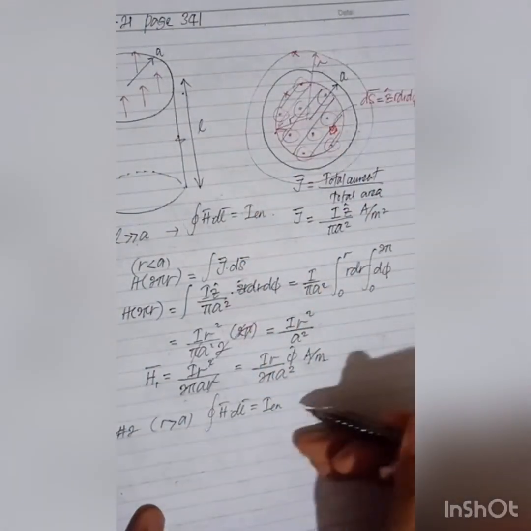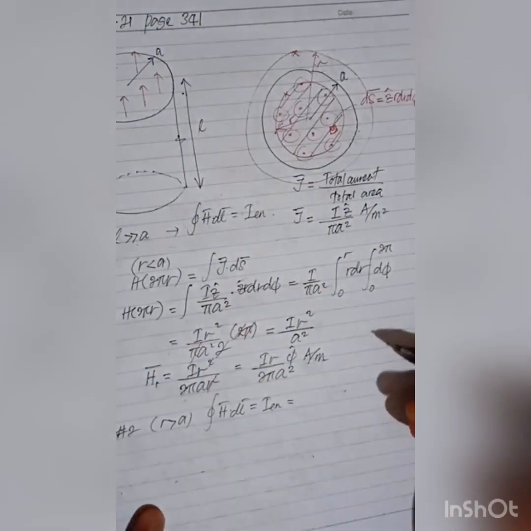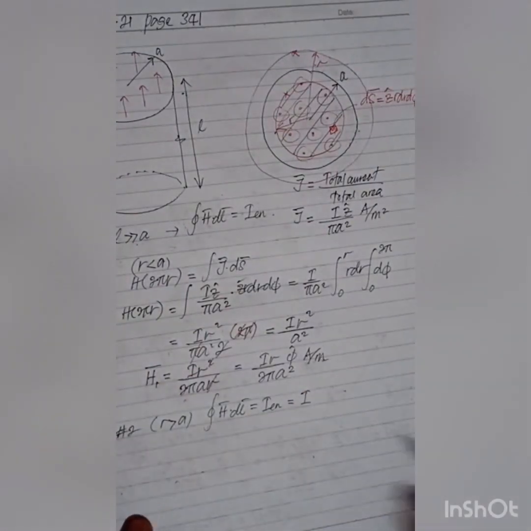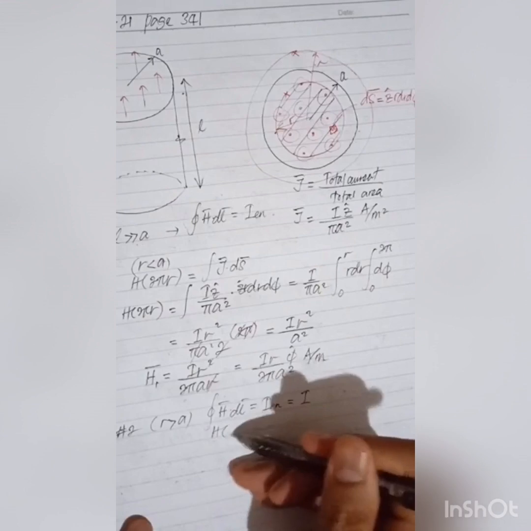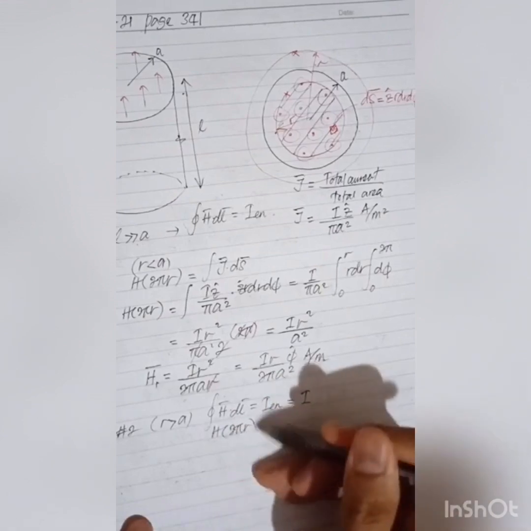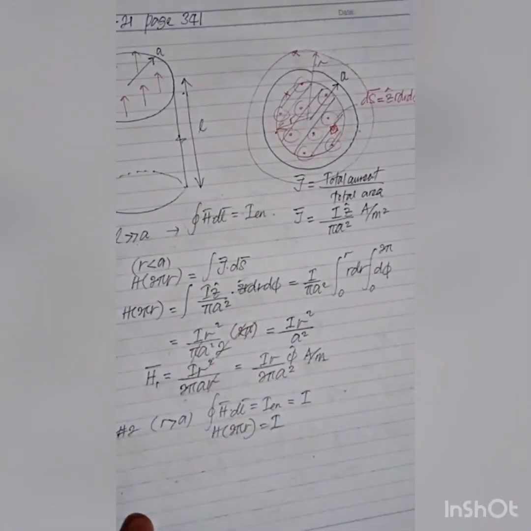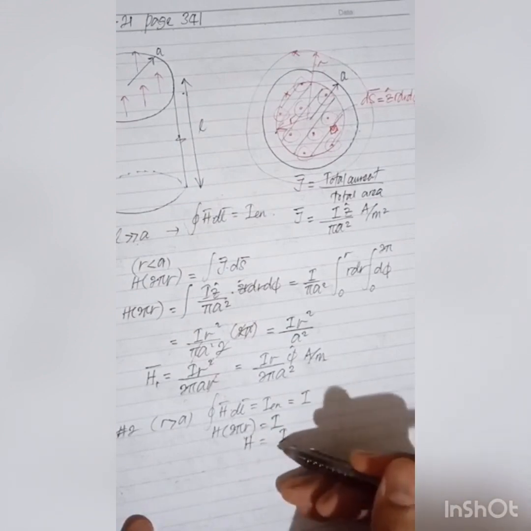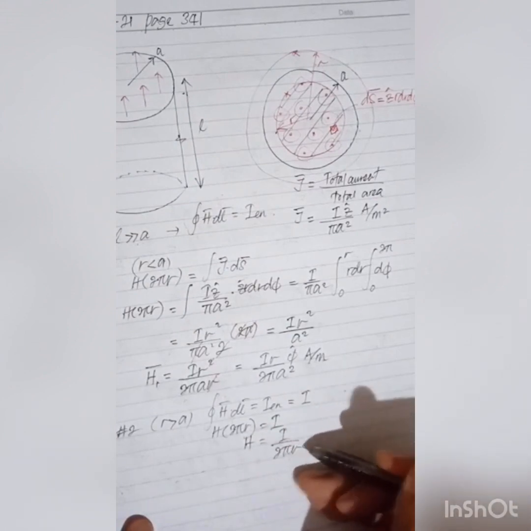So you can simply put the I enclosed become the I total, which is I. Done. So again, this part gonna have h 2 pi r equal to I, and lastly we have h equal to I over 2 pi r.